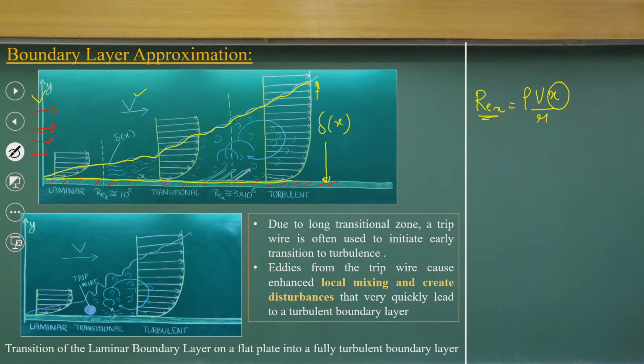What we found from the experiments is that if Reynolds number x is less than 10 to the power 5, that is 1 lakh, the flow remains laminar in this stretch. Then it will have a transition, and there will be small vortex presence and all.